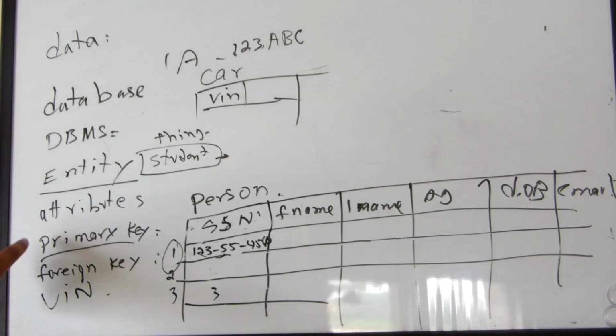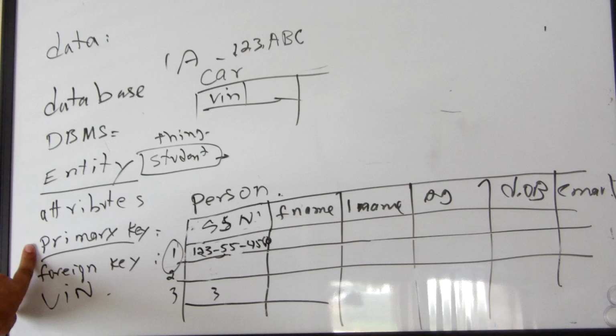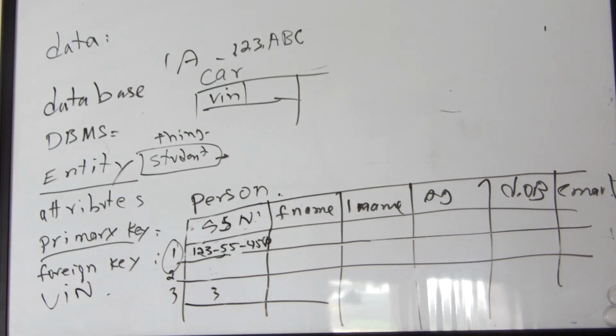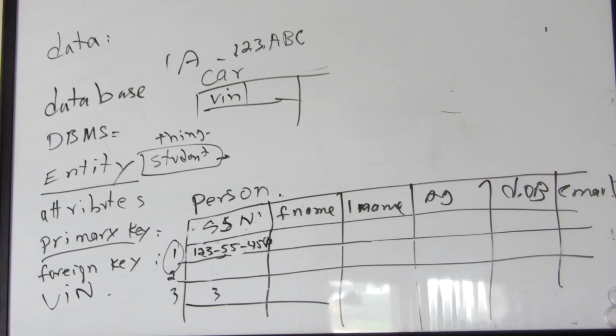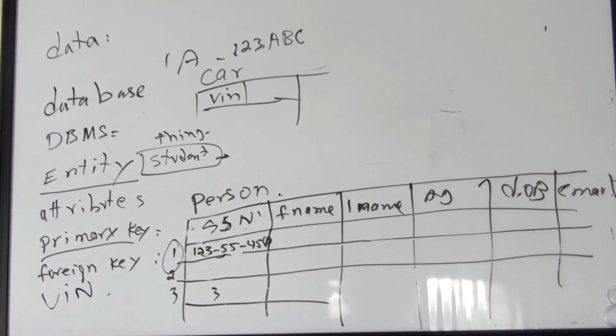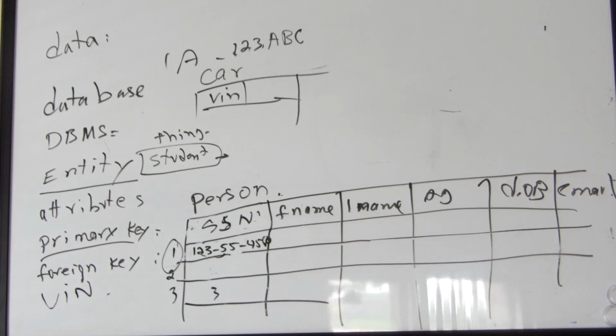In the next video we are going to talk about foreign key. What is foreign key? It references a key in another table. We will give you different examples in another video.